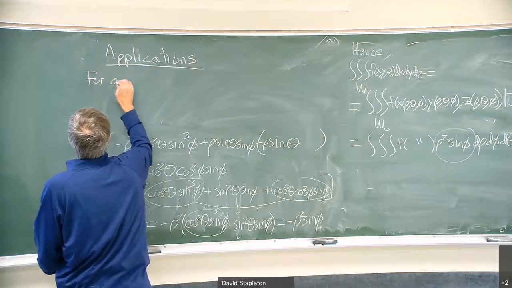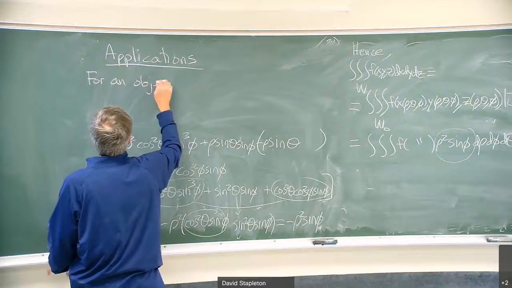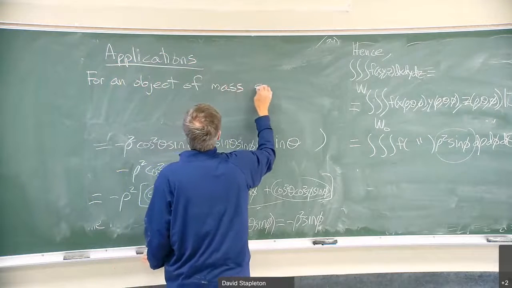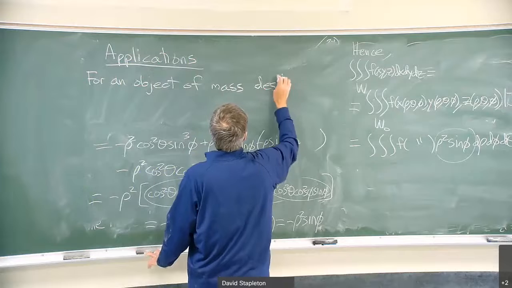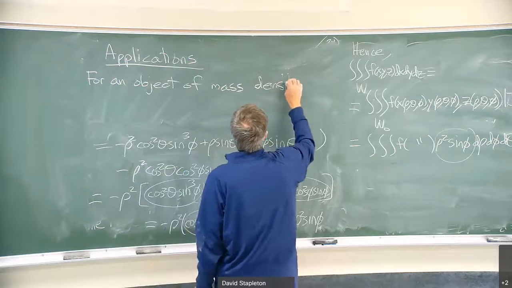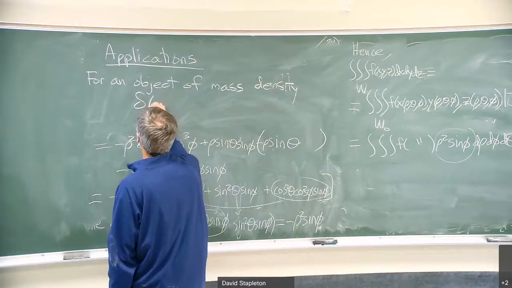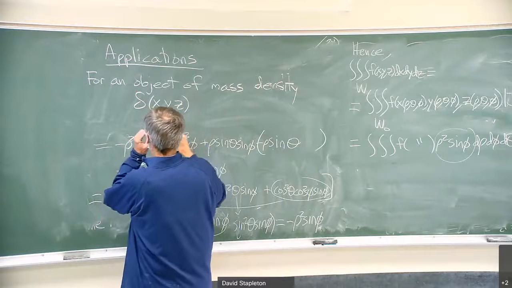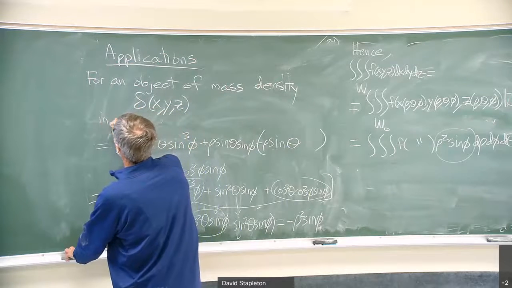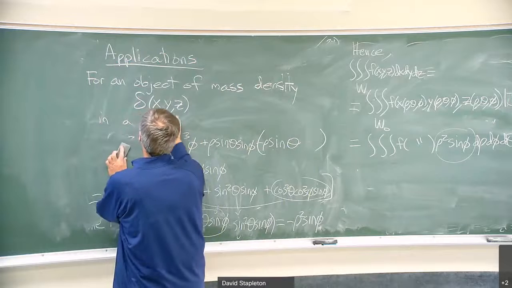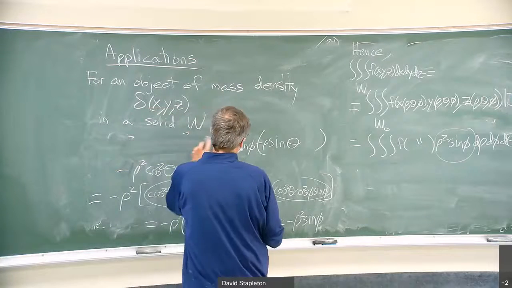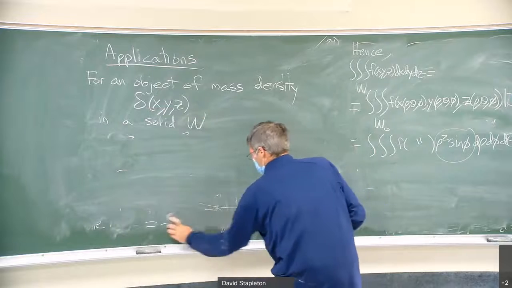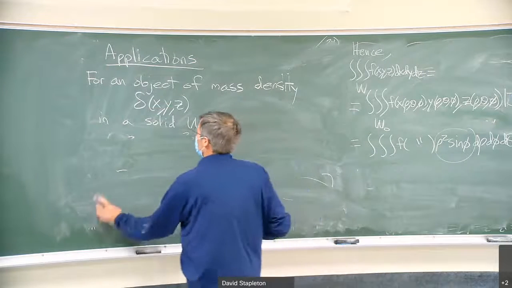For an object of mass density delta of x, y, z at each point x, y, z in a solid W, we have the following result.